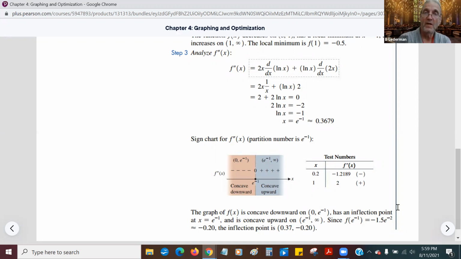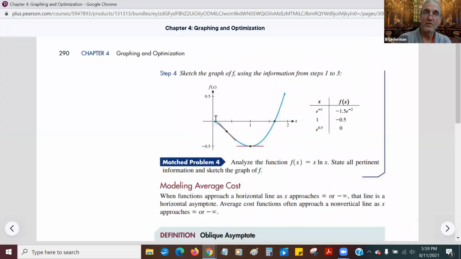Concave down, concave up. And finally, putting this all together, that's our graph. So we have a minimum, a point of inflection, and it's not defined at zero, it just goes up forever, and everything is cool and awesome. So there you go. That is our graph.